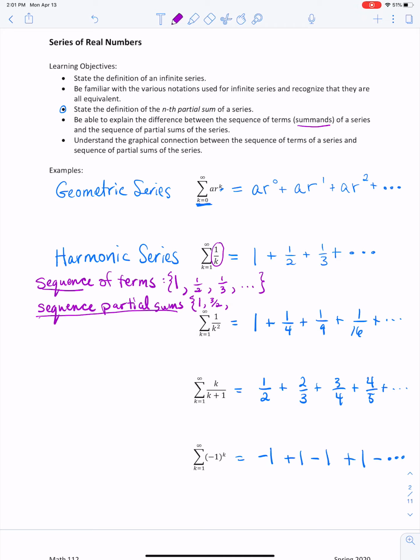The next in the list is going to be 1 plus 1/2 plus 1/3, so that's 3 halves plus 1/3, which I think is 11/6 if I'm not mistaken, and so on. So to get each successive partial sum, you take the previous partial sum and add the next term to it.